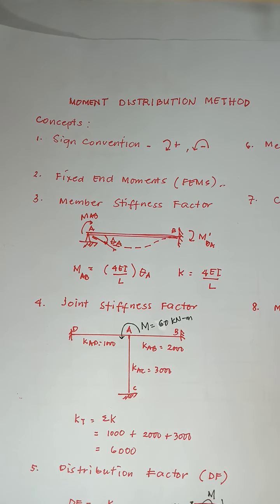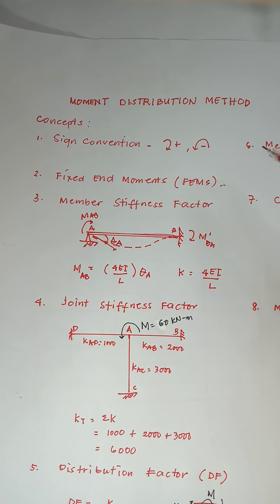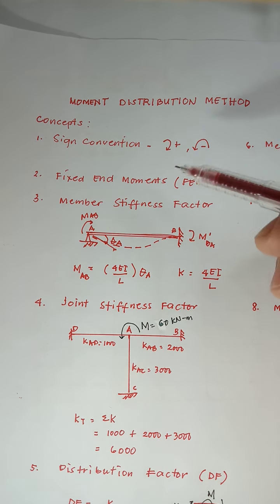Okay, so we are now on our last topic, which is the moment distribution method. Before proceeding and giving you a sample computation, let us first go over the concepts that we have to learn. One is the sign convention.